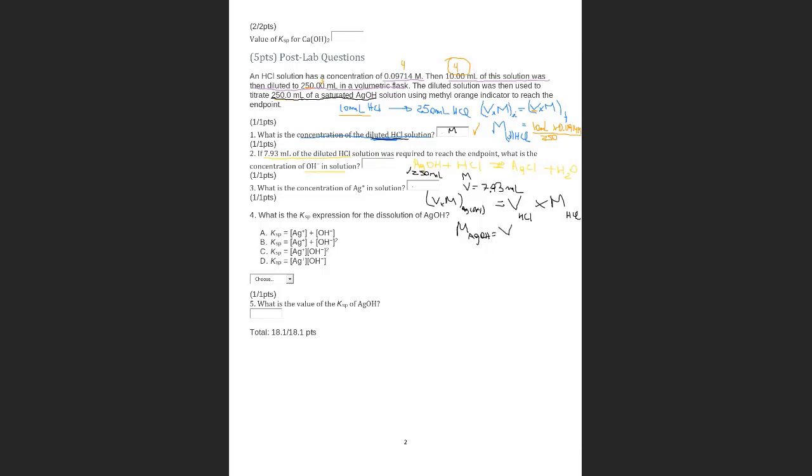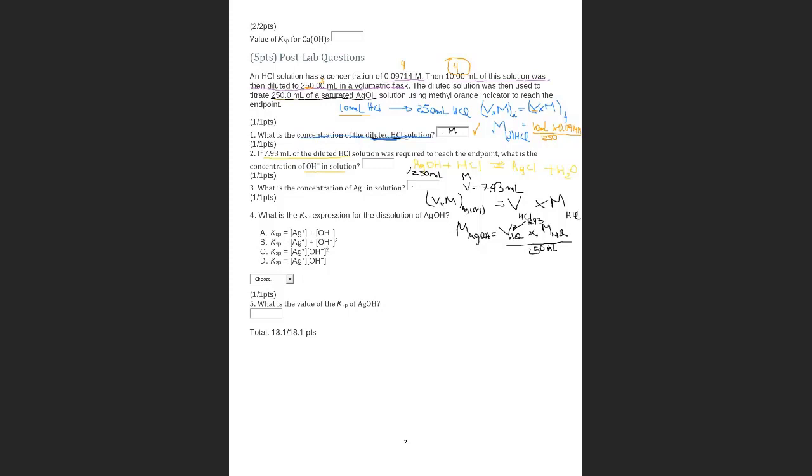The volume of the hydrochloric acid times molarity divided by the volume that we have here. If I'm going to write mLs here, I will write mLs here as well. That is 7.93.